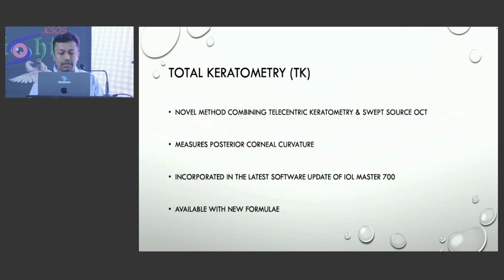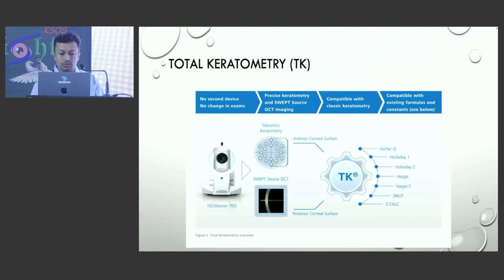Another method is total keratometry. This is a novel method combining both telecentric keratometer and the swept source OCT. It measures the posterior corneal curvature, and it's incorporated in the latest machine like the IOL Master 700, and the newer formulas are also incorporated in this. So what is happening in a total keratometer?